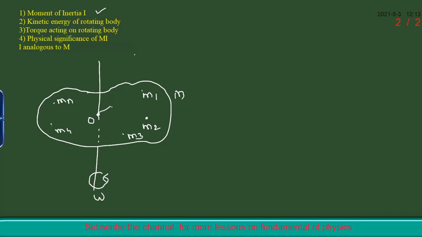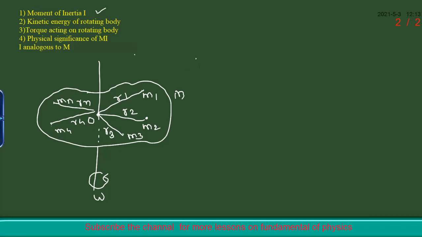Let R1 be the distance of mass M1 from the axis of rotation, R2 the distance of M2 from the axis of rotation, R3 the distance of M3 from the axis of rotation, and similarly Rn is the distance of Mn from the axis of rotation.